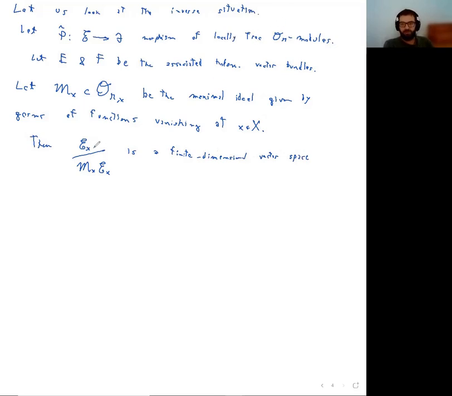So it means that locally it is just a product of this O_M,x. So in particular, when you take the stalk, this is just a product of O_M,x, and you're dividing by something, and you still have a finite number of generators. And it is a vector space because this is still a maximal ideal. So this is a vector space over what? Well, over O_M,x mod m_x, right? But this is nothing but C. Exactly, again, because this is a maximal ideal, so this is a field.